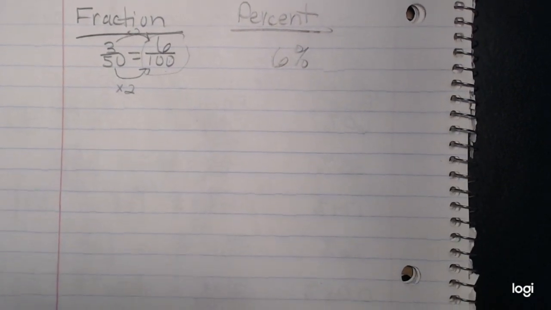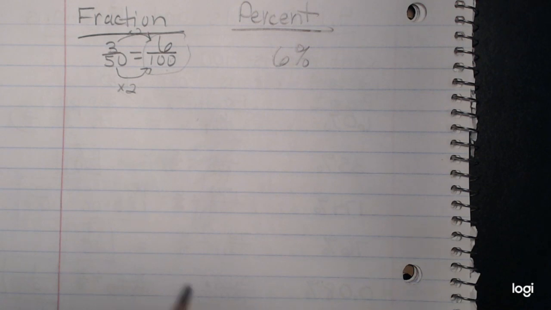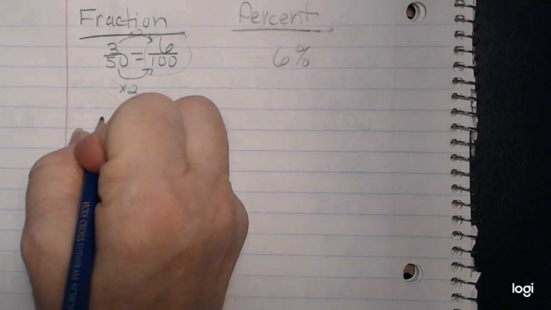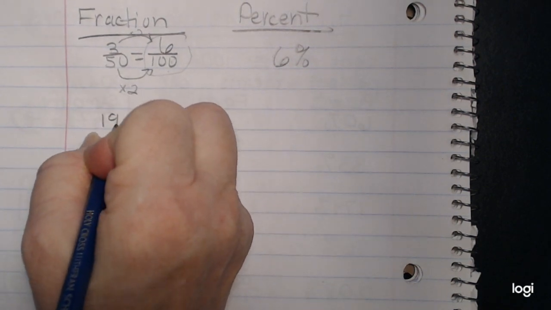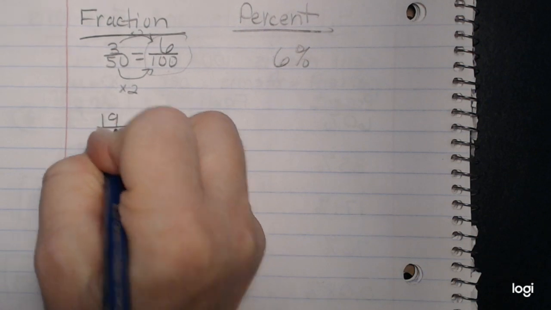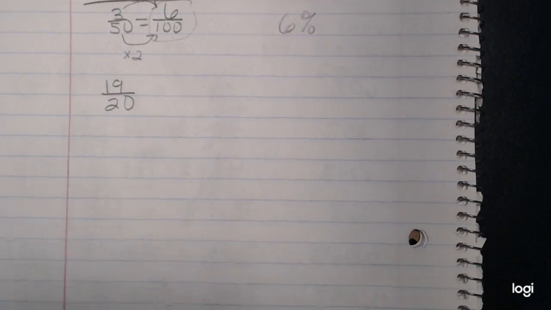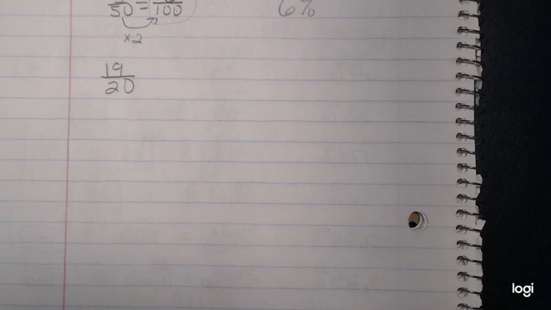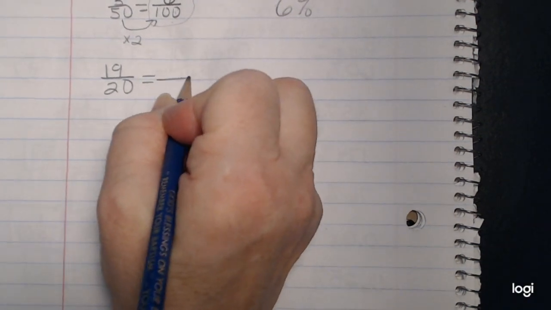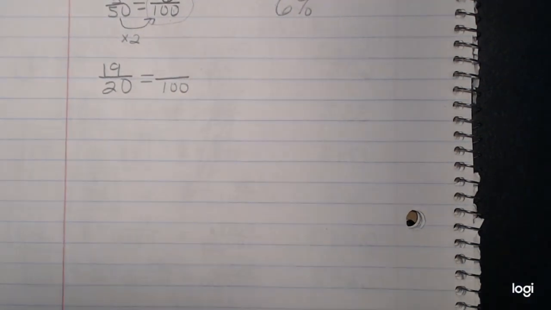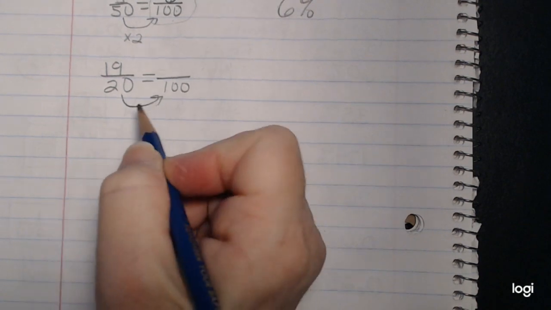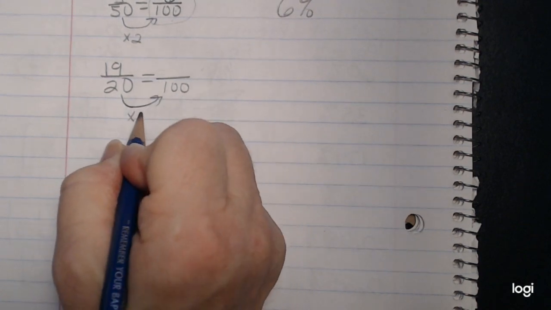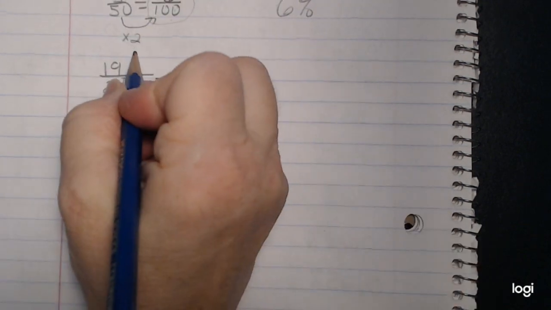Okay, so if I would give you, how about this one here? Let's do 19 over 20. What would that be as a percent? Well, percent goes over 100. 20 times 5 is 100.